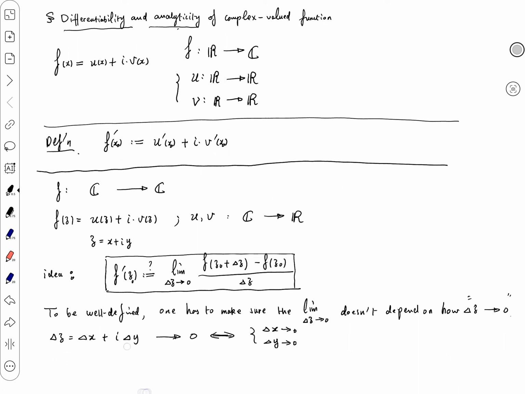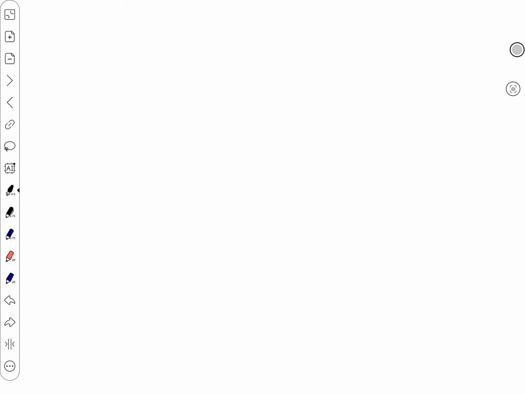So this is just the real part and imaginary part, and so real numbers. In particular, if I choose any two different ways to approach 0, they should give me the same result.